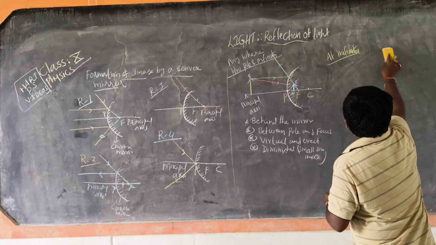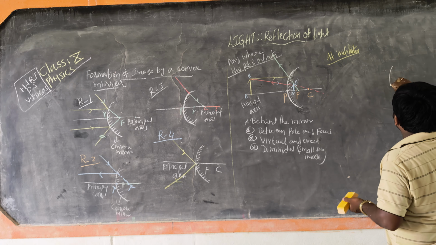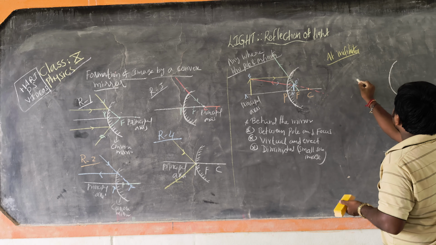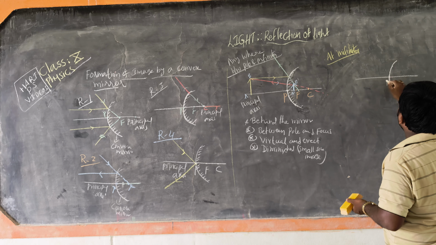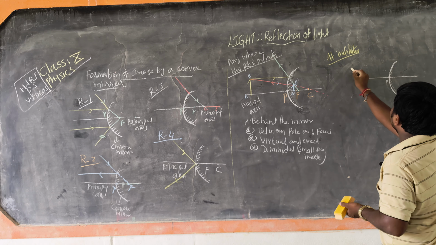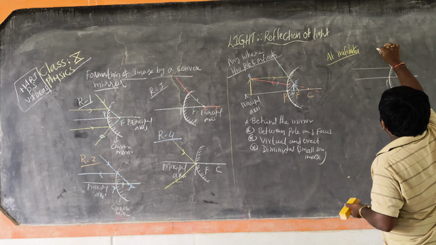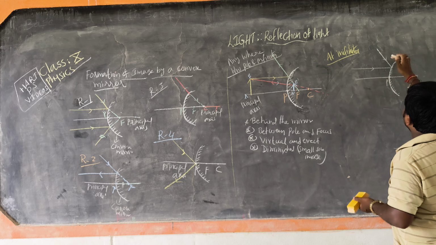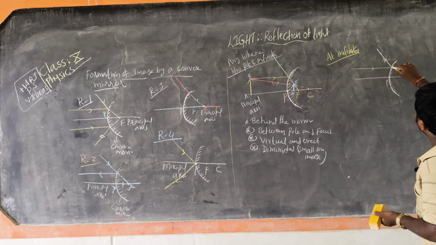I will draw neatly. Convex mirror, principal axis. If the light ray is parallel to the principal axis, after reflection it passes through focus.